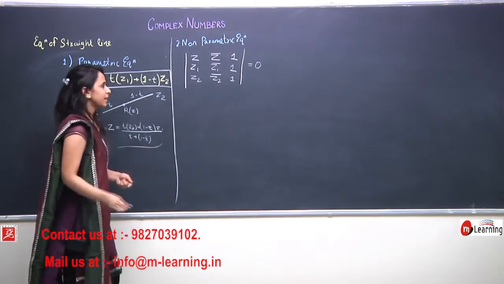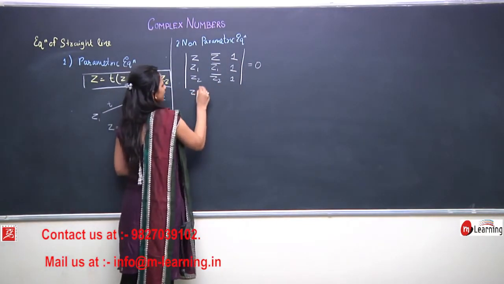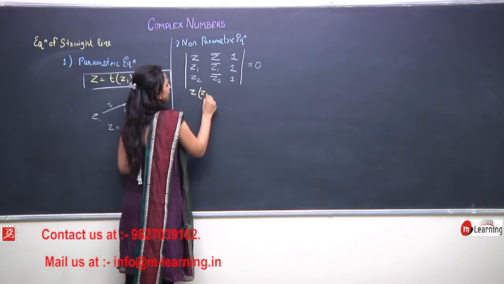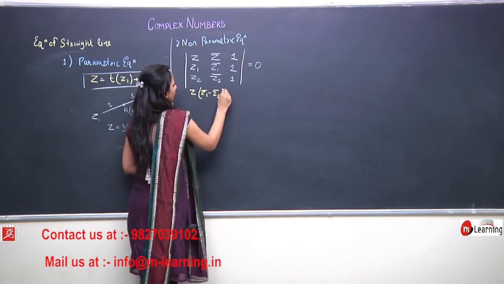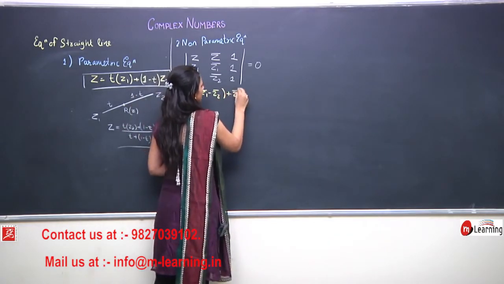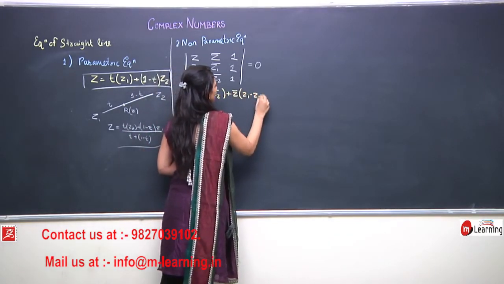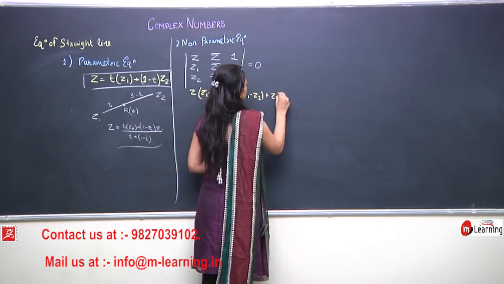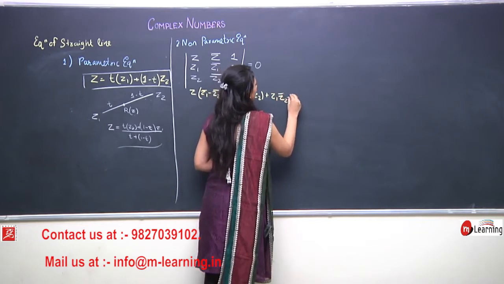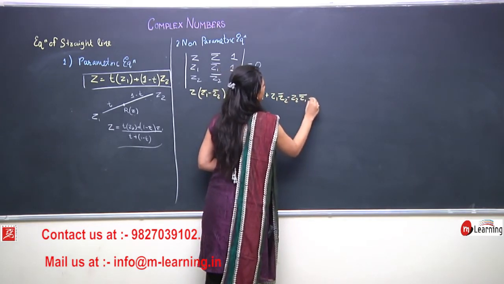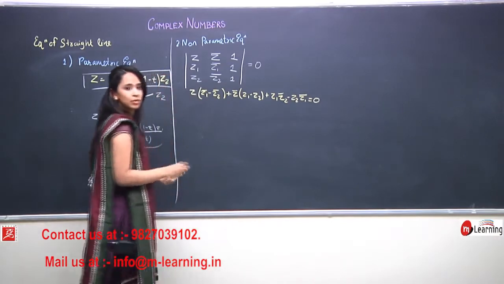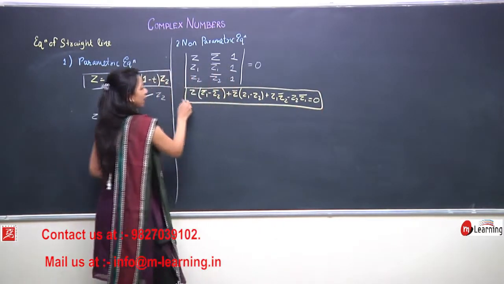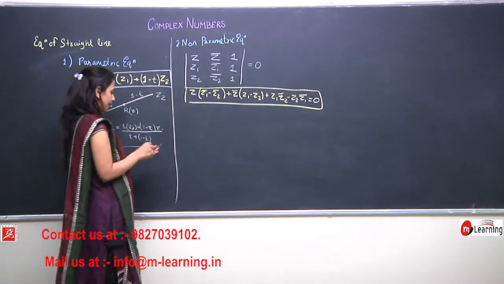When I solve this determinant, what I get is z into z1 bar minus z2 bar plus z bar into z1 minus z2 plus z2 bar minus z1 bar is equal to 0. This equation is termed as the non-parametric equation for a straight line.